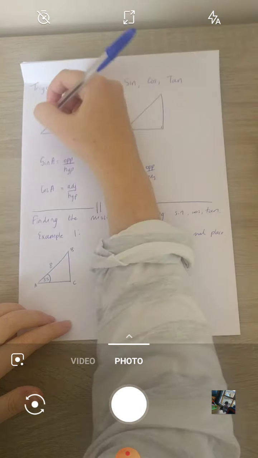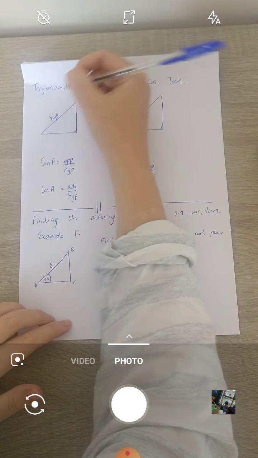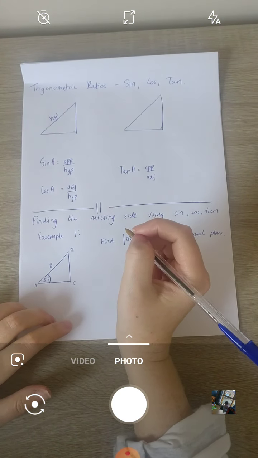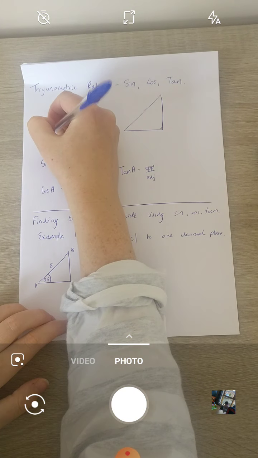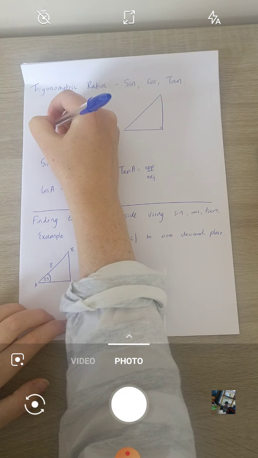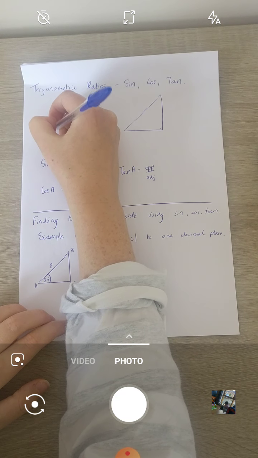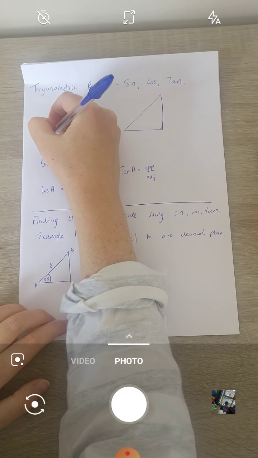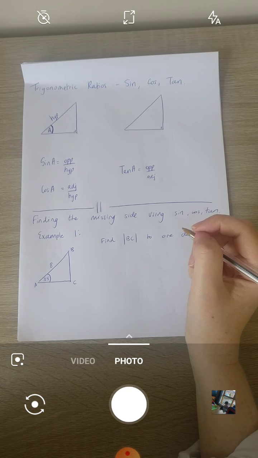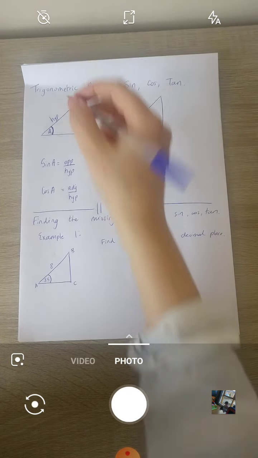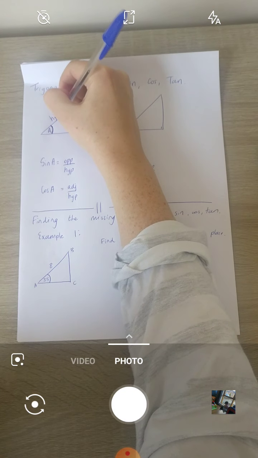So first thing again is we know the hypotenuse is always directly across from the right angle. I'm going to call this here angle A, because the adjacent and the opposite sides are dependent on where the angle is. So this is our hypotenuse.